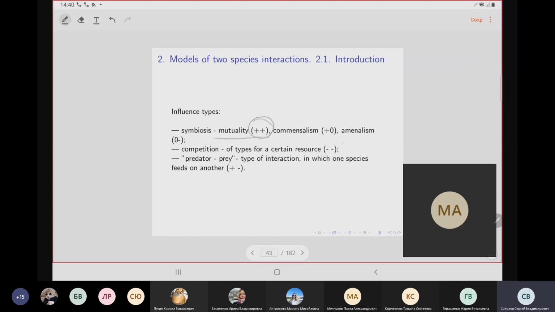Another type of interaction is called commensalism. It means that one population has benefits and it's neutral for the other. There are some difficulties in giving a good example, but maybe something in economics.